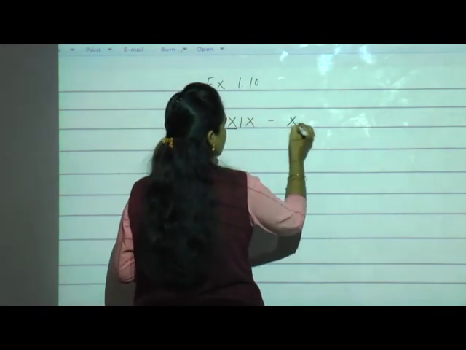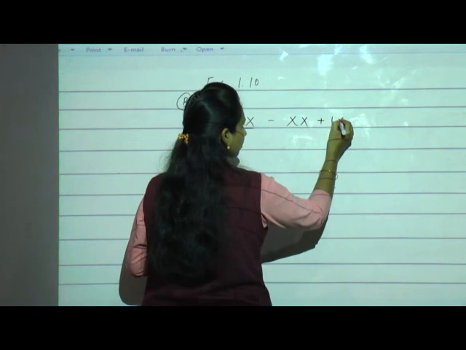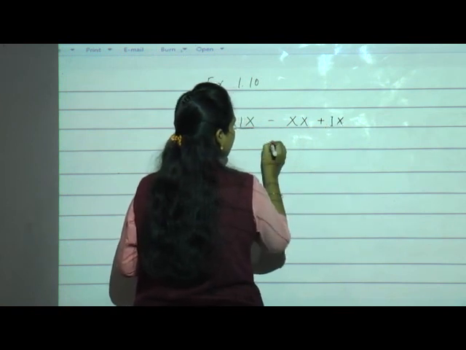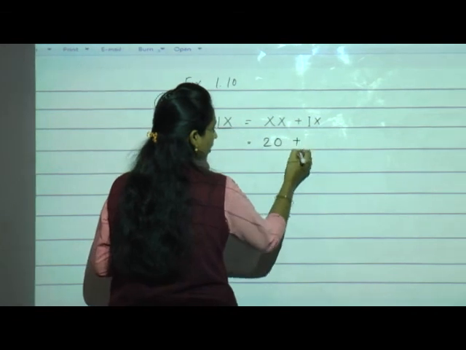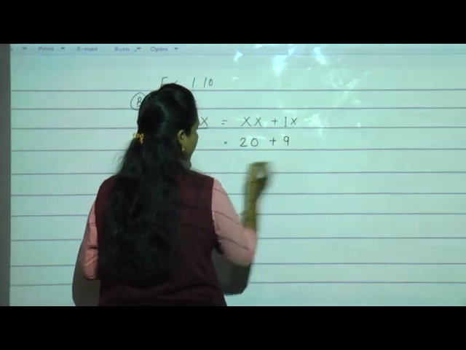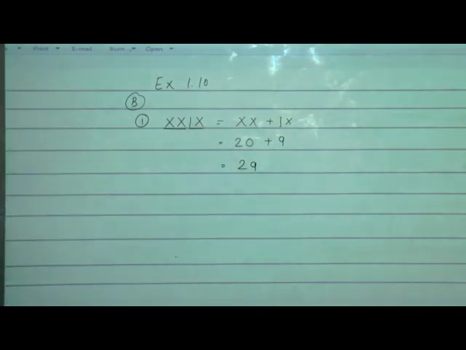So just take double X plus IX. Double X represents 20 in Hindu-Arabic and IX represents 9. So it becomes 29. Got it everyone? Yes?